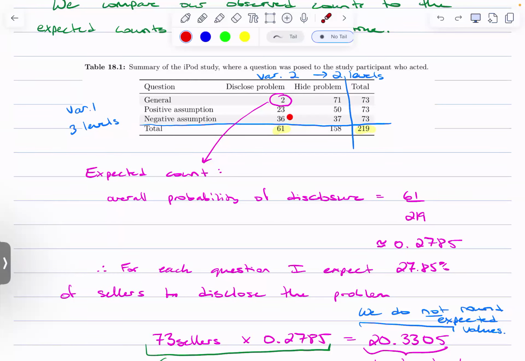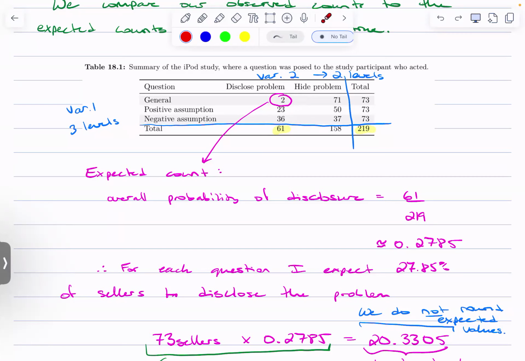And so what we're going to be able to do is calculate how far each of these observed counts is from the expected counts. But some of them are going to be below and some of them are going to be above. And spoiler alert, we're going to start adding those deviances up. Now, if we have negative deviations and positive deviations, we've seen that before with the standard deviation.